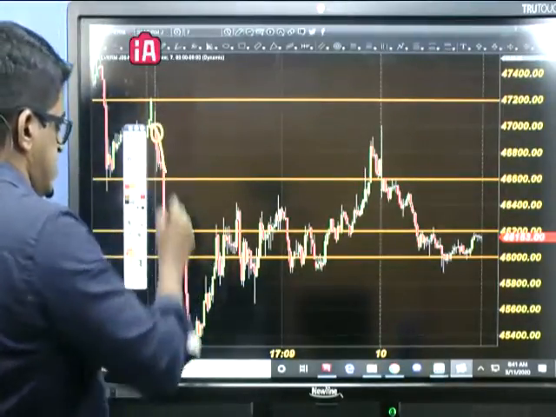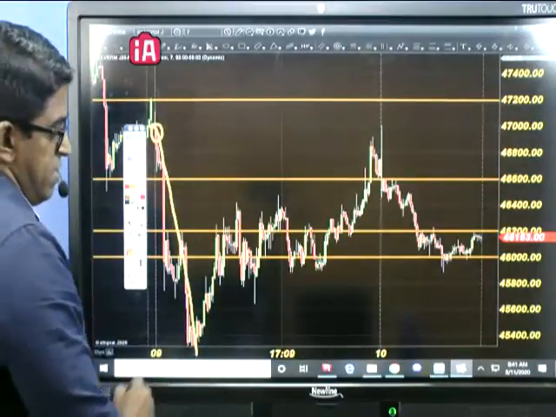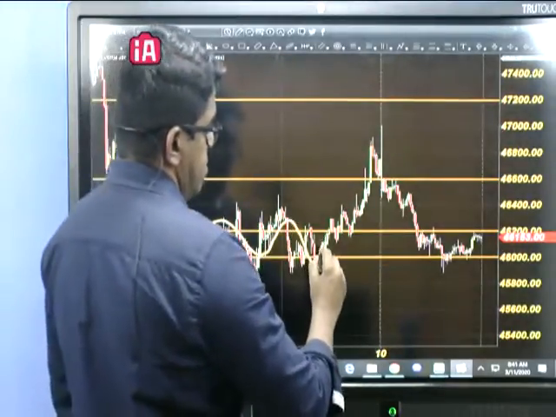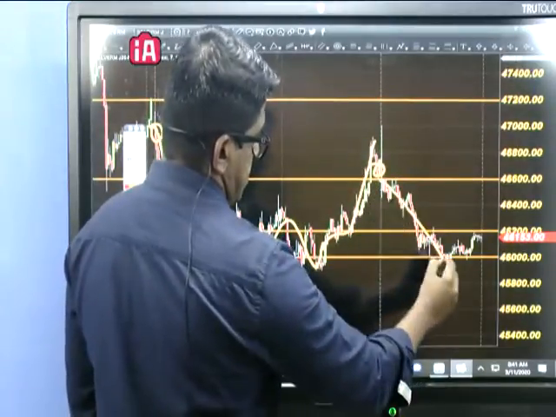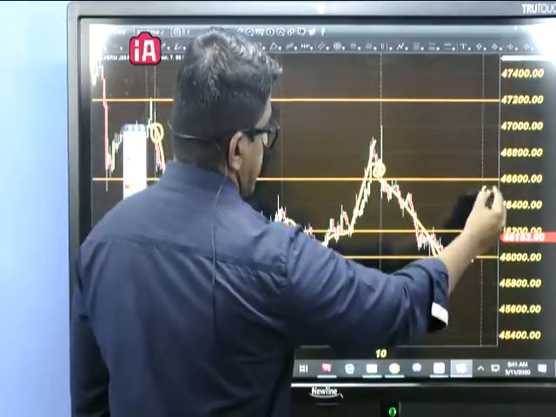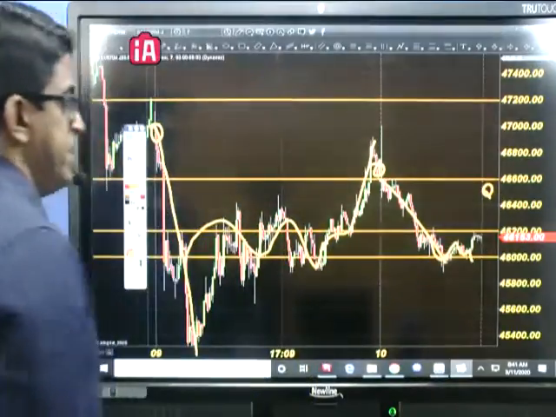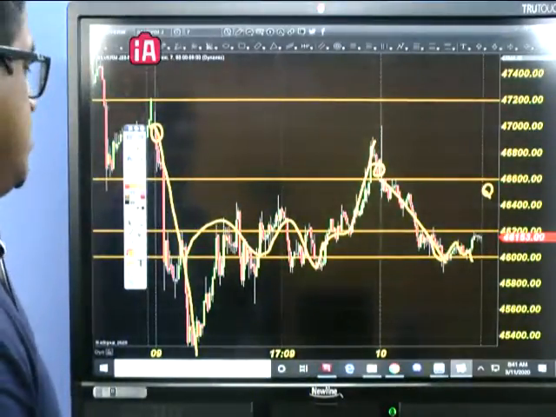Here we had a selling and a consolidation, a closing comfortably above that, a drop down, a consolidation, and an opening somewhere here, which indicates something on the buying side.